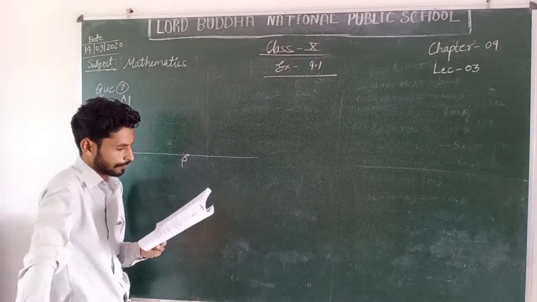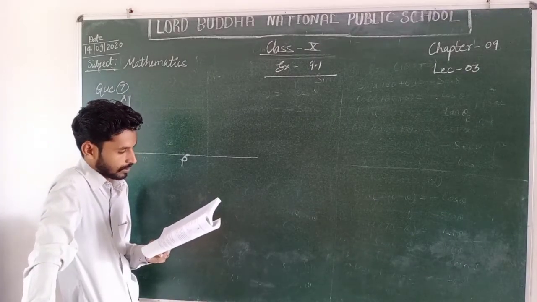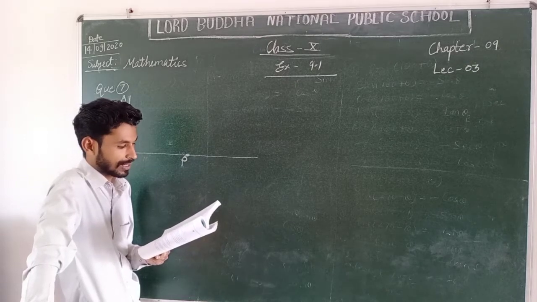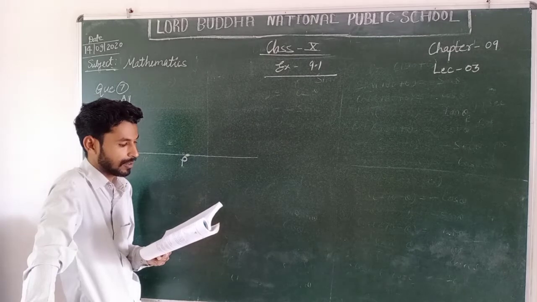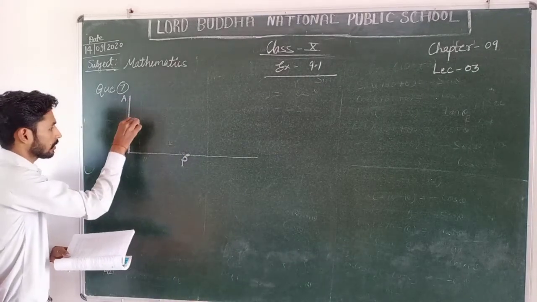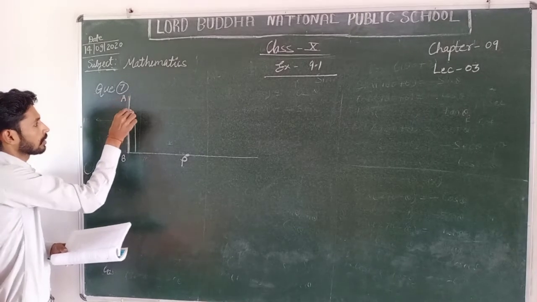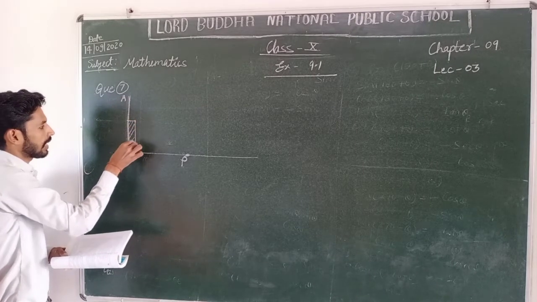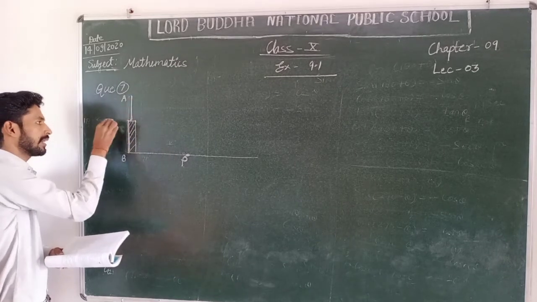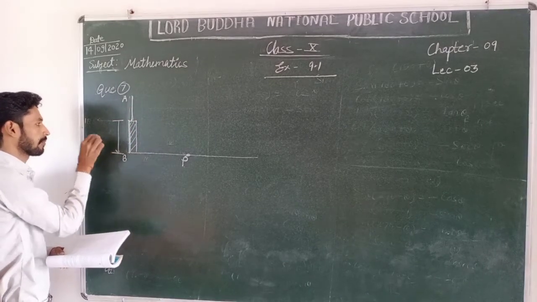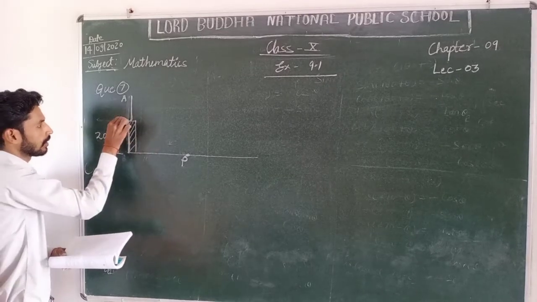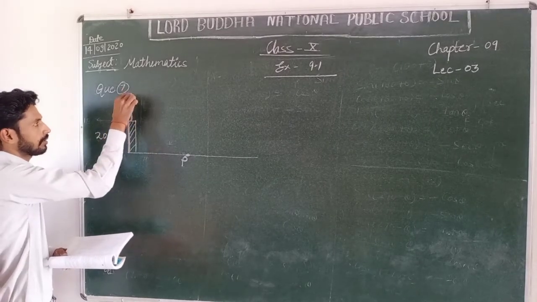Angle of elevation of the bottom and top of a transmission tower fixed at the top of a 20-meter high building. This transmission tower is on a 20-meter high building. There is a 20-meter high building and AB is the transmission tower.